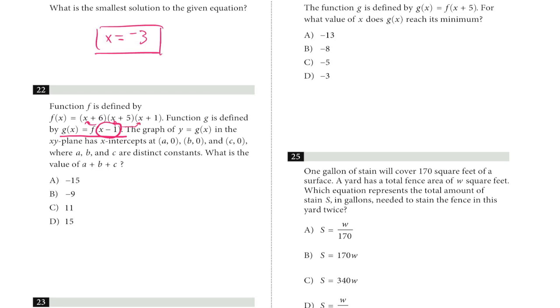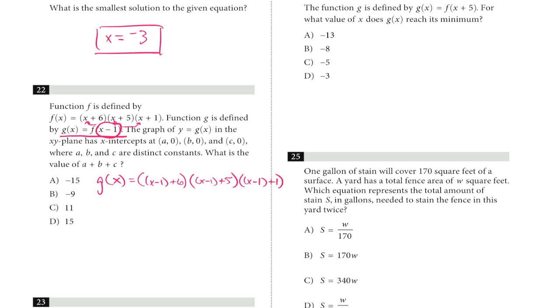So g of x is just going to be parentheses x minus 1 plus 6, parentheses x minus 1 plus 5, parentheses x, right, a second parentheses, x minus 1 plus 1.